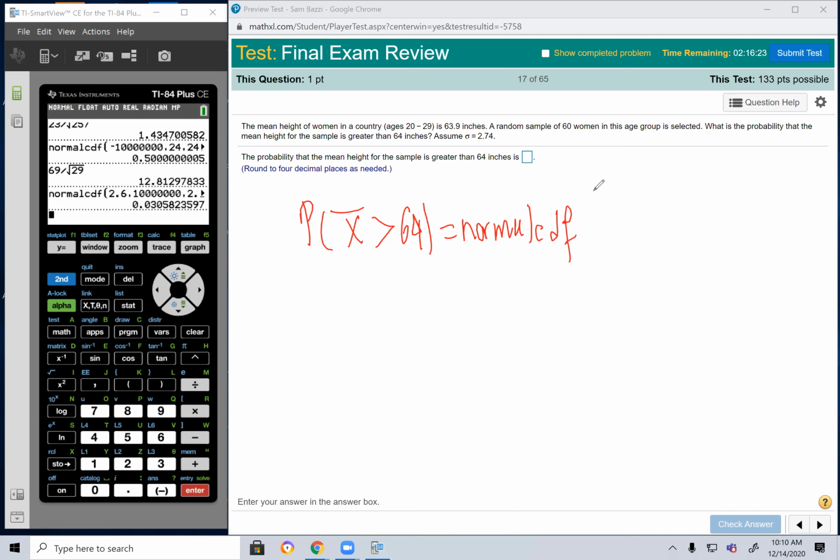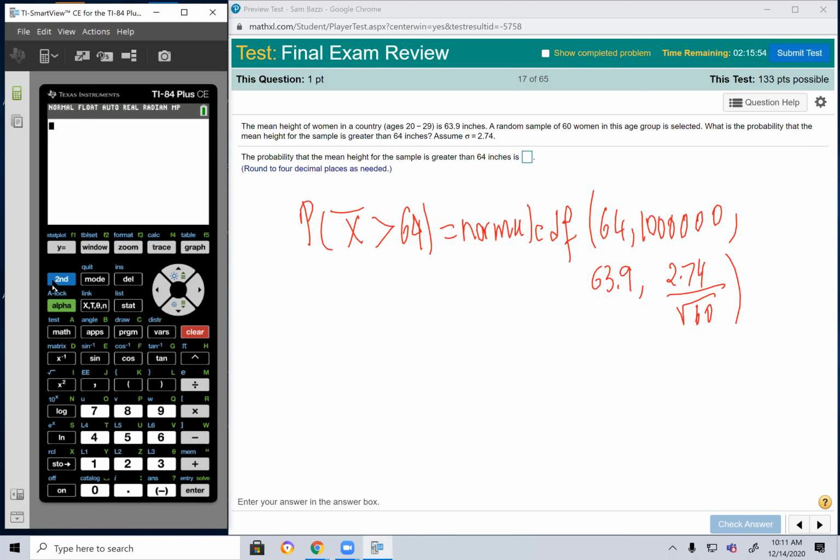Normal CDF, okay, greater than 64. 64 is the lower bound, upper bound is 1,000,000. Mean is, what did he say the mean is? 63.9. And just be careful with the standard deviation. It's not 2.74, it's 2.74 divided by the square root of the sample size, 60. And go in there, clear. Second, distribute.